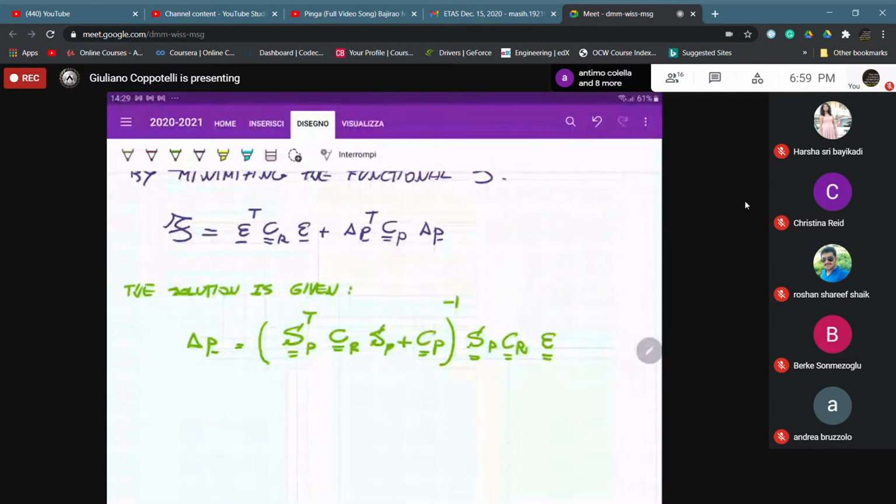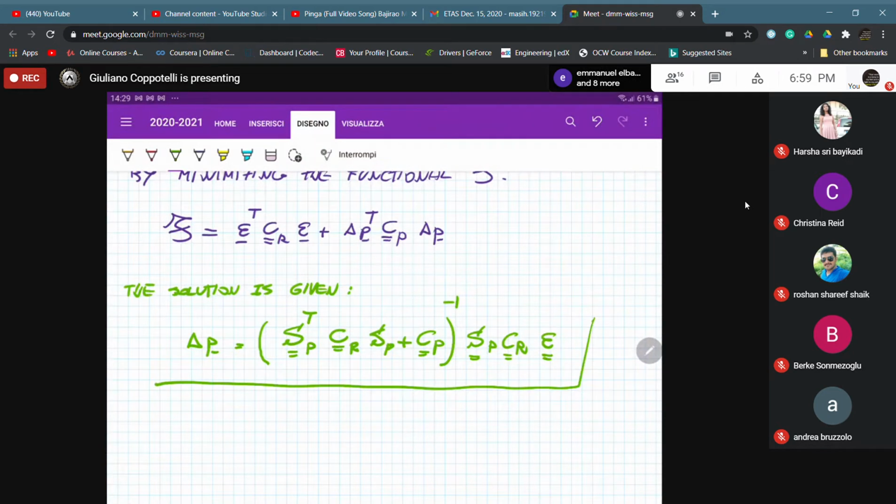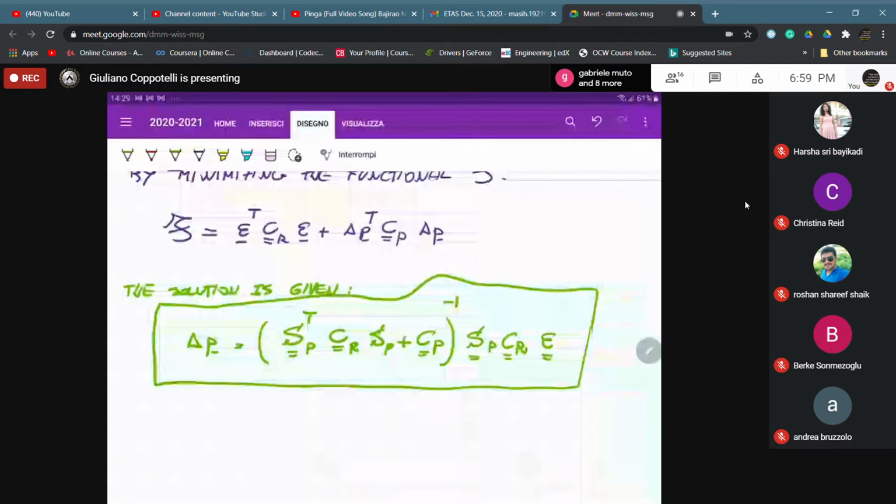And that is a very interesting equation that is solving the problem for structure update.